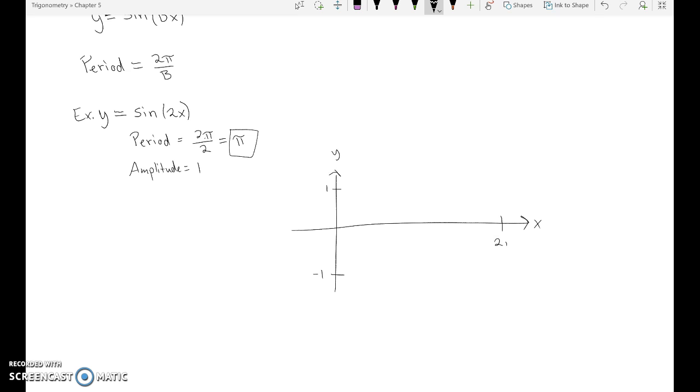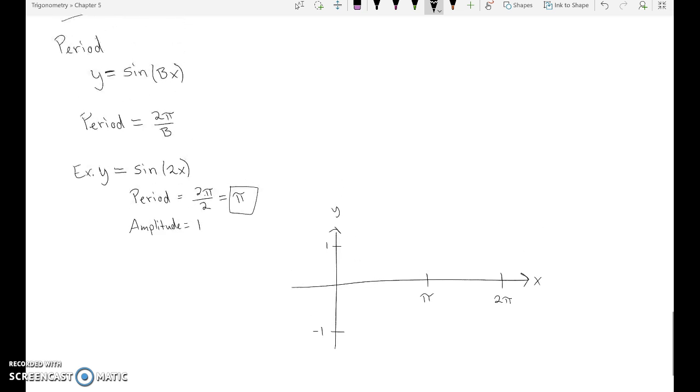I'm still going to make this one go out to 2 pi, but keep in mind that it needs to be scrunched down so the entire phase of the sine function will fit inside of just 1 pi. To do this, you can make your xy chart again if you would like to.